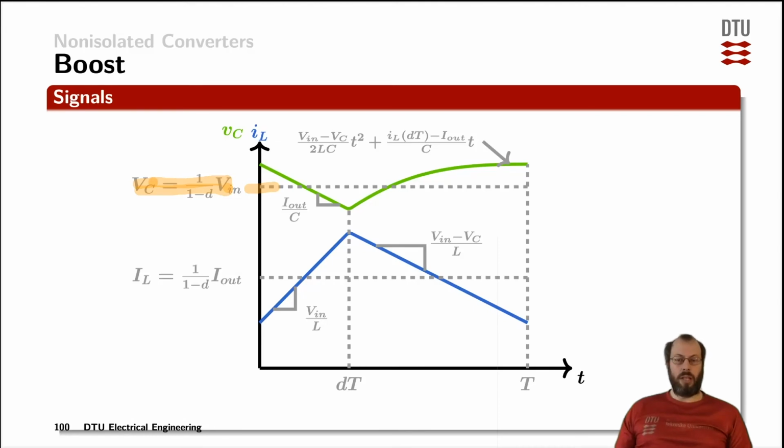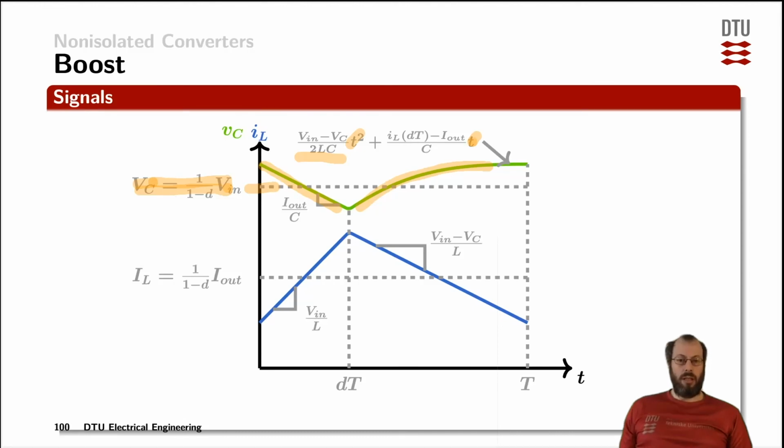During the on state of the switch, we had the negative output current flowing through the capacitor, which is giving the derivative through Ohm's law on the capacitor voltage here. During the off state of the switch, we ended up in a parabola with the simplifying assumptions that we made.